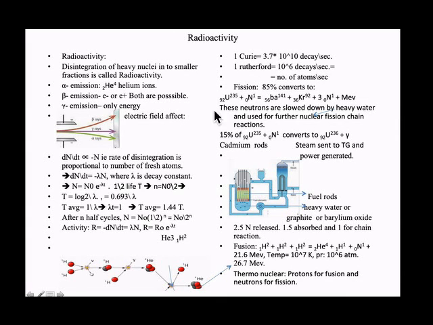There is a term given, Curie, because radioactivity was discovered by the Curie family. 1 Curie is equal to 3.7 into 10 to the power of 10 decays per second. It's a bigger unit, so they have defined a smaller unit, the Rutherford, which is 10 to the power of 6 decays per second.